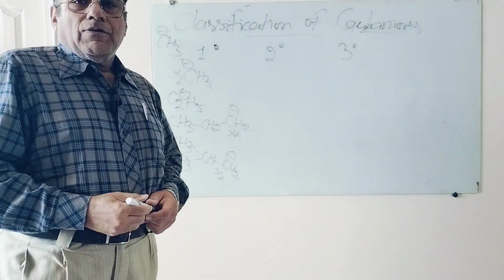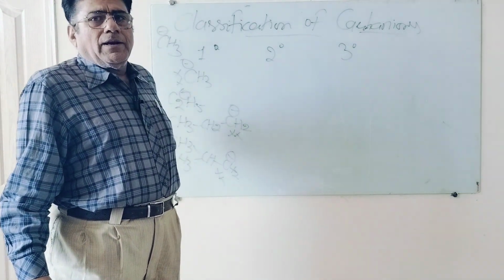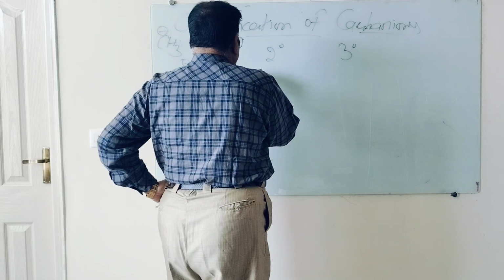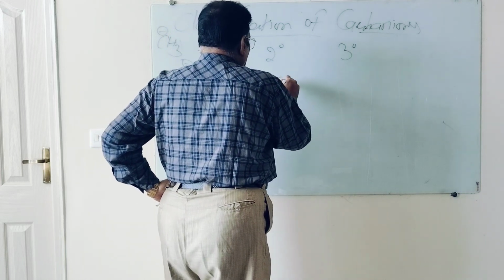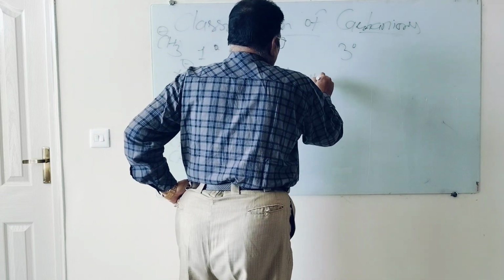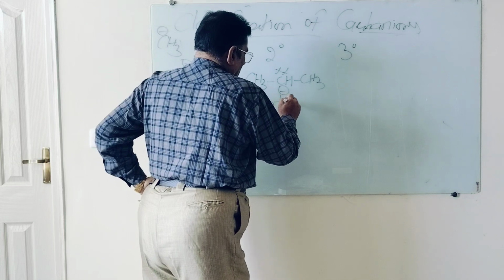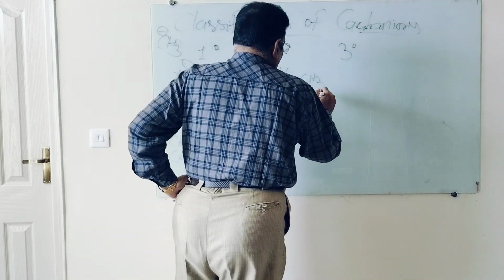I taught this in very detail in carbocation, but even then I will take the examples. 2 degree is when the negative charge carbon of the carbanion is attached to 2 carbon atoms, like isopropyl. This example I took in carbocation also. This is isopropyl carbanion.